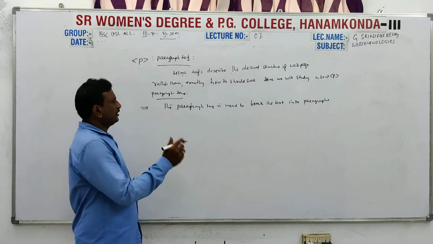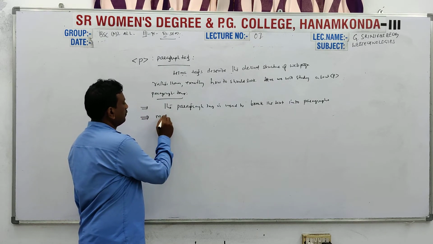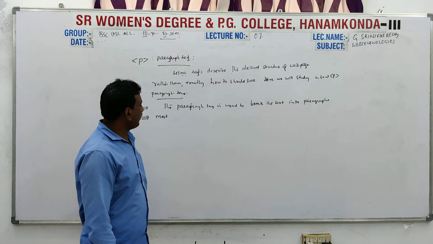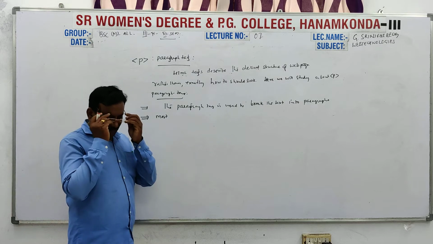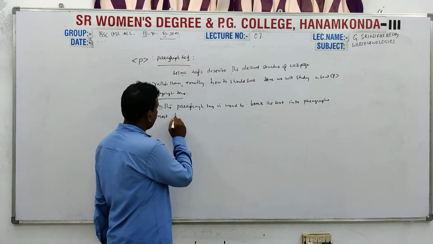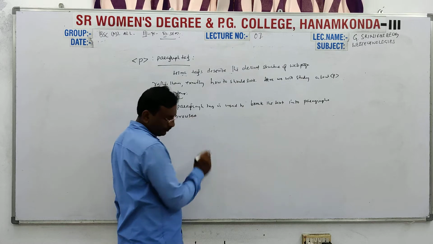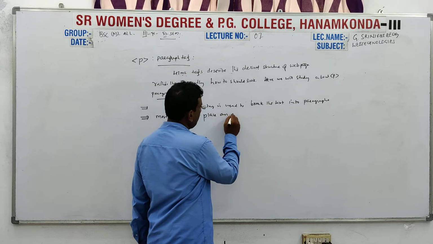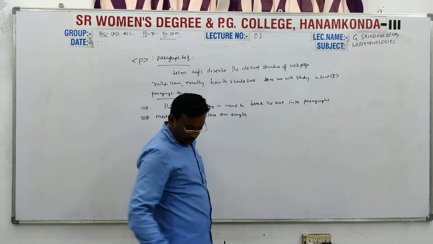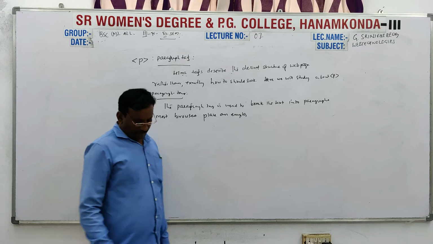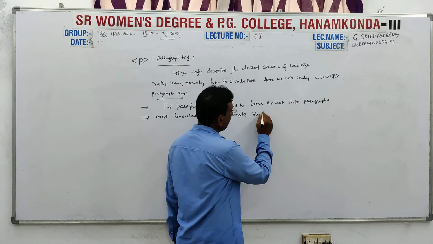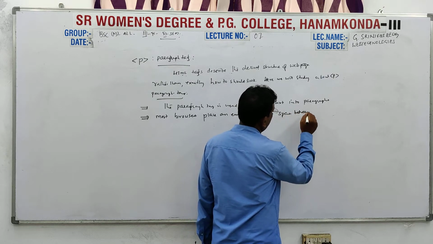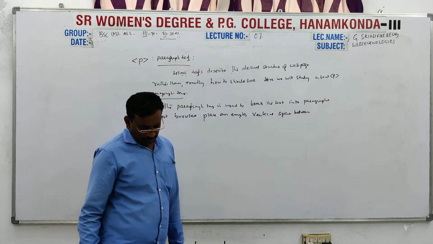Most browsers, meaning Internet Explorer, Google Chrome, and Mozilla Firefox, place an empty vertical space between paragraphs.